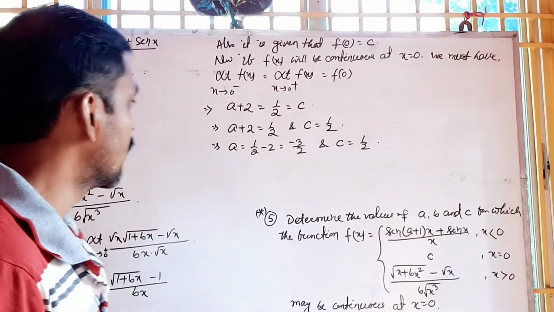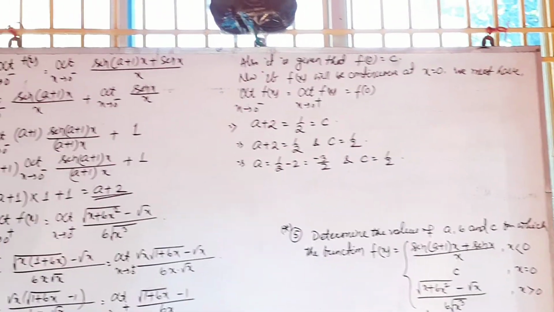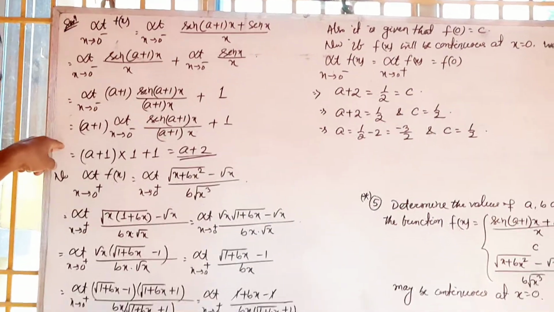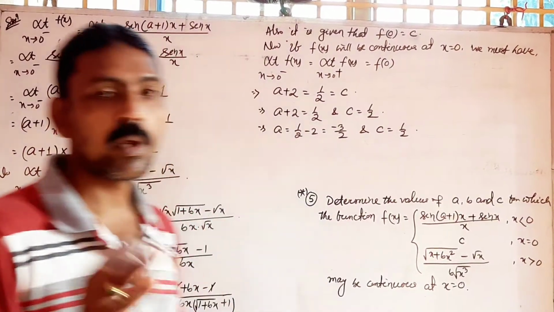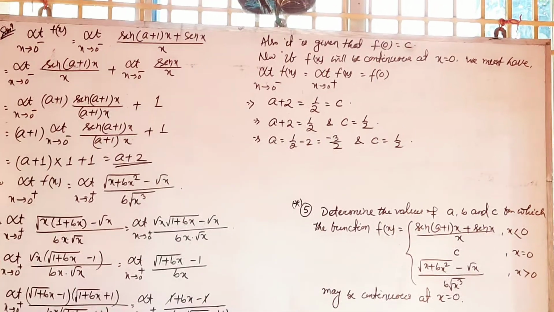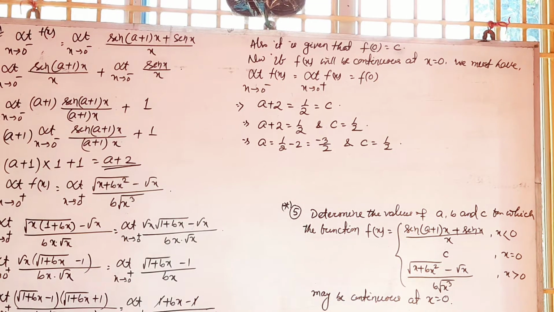What about b? Now you see, in all these three cases, that means in the left hand limit, right hand limit, and value of the function, b is not there, it is independent of b. That means b can be taken as any real value.